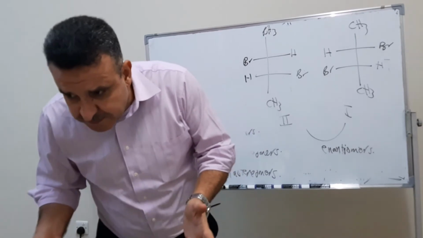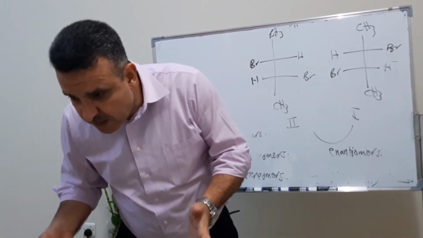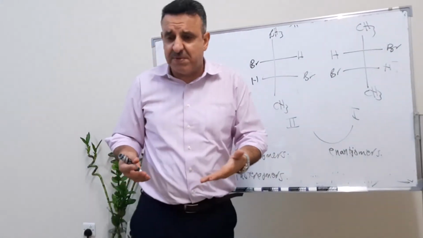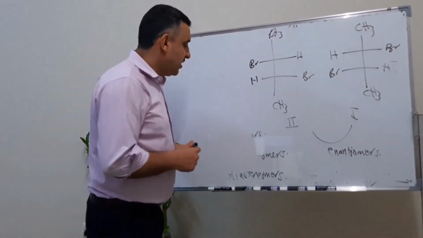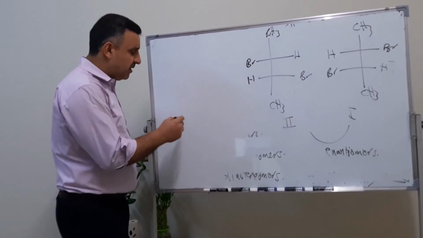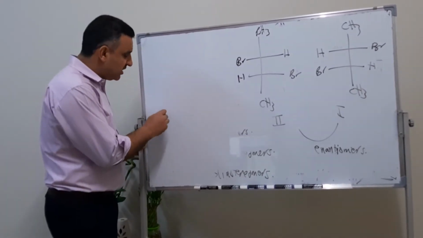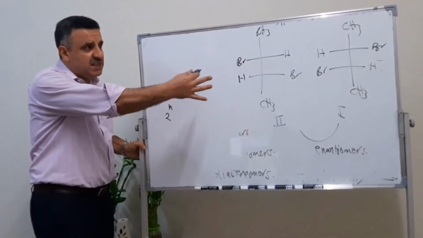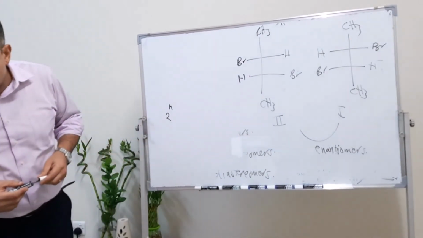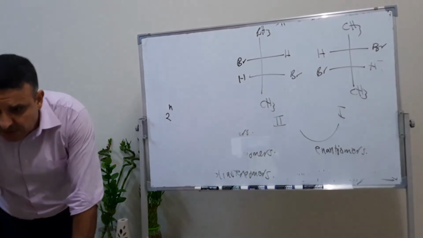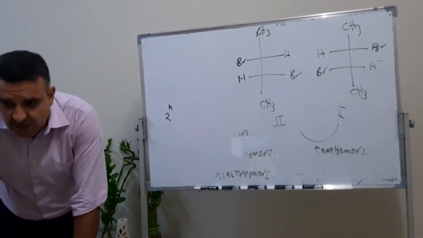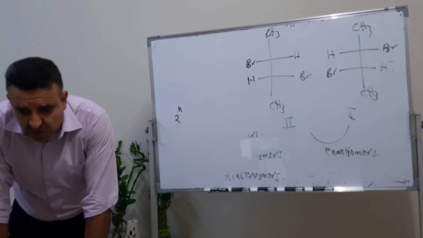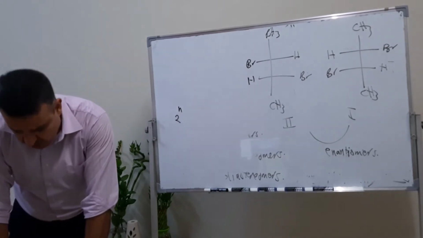That's why we have to draw them as different structures, different stereoisomers. That's why we said for any compound containing n stereocenters, there is a maximum of 2 to the power n stereoisomers, and these are the stereoisomers which are possible for this compound. Do you follow me? So did I answer your question, or is this not really your question?